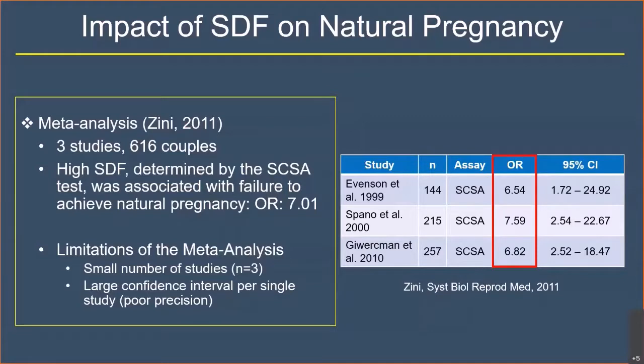And this meta-analysis showed that high levels of sperm DNA fragmentation were associated with the failure to achieve natural pregnancy. However, we should not forget that this meta-analysis includes only 3 studies, a very small number, and also the confidence interval per single study is very large, suggesting a poor precision of sperm DNA fragmentation in predicting natural pregnancy.